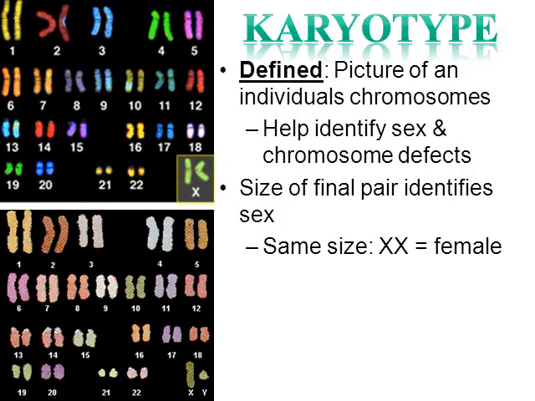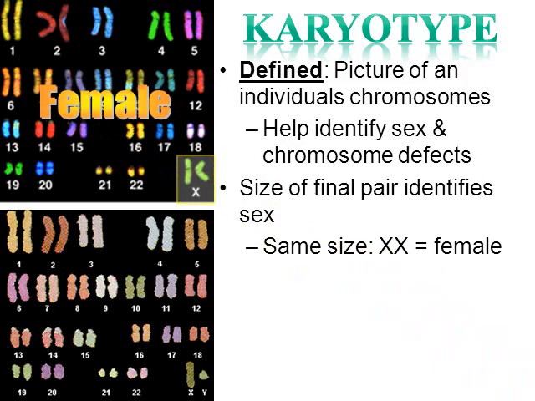Whenever the final pair of chromosomes are equally sized, like those two green chromosomes in the yellow box, that's the XX chromosome combination, and it identifies that the person is female.